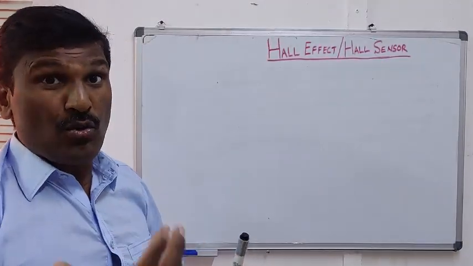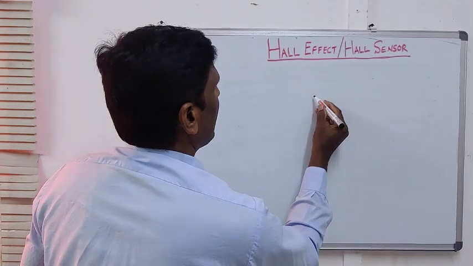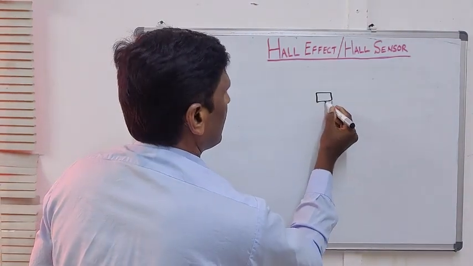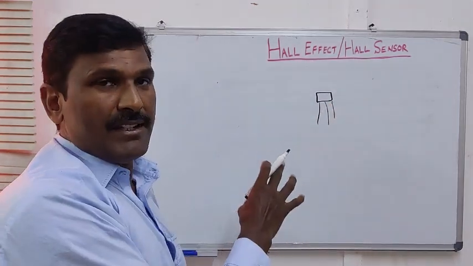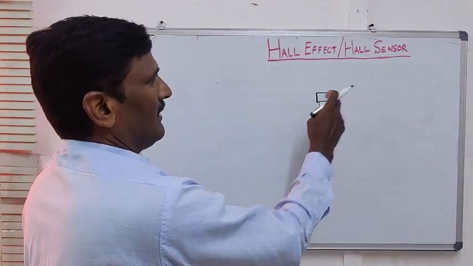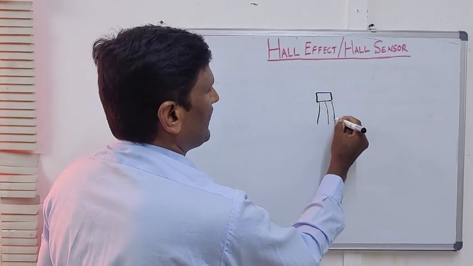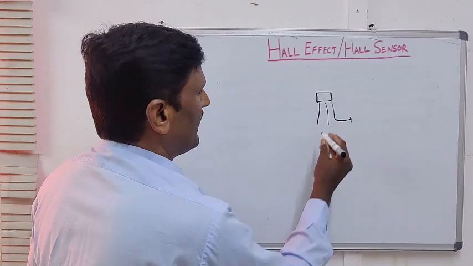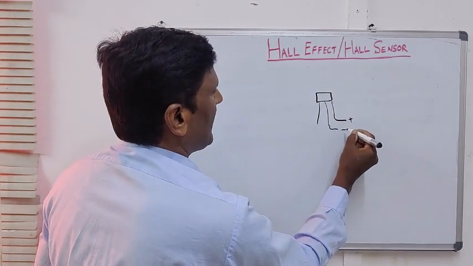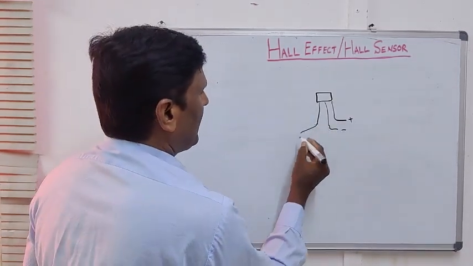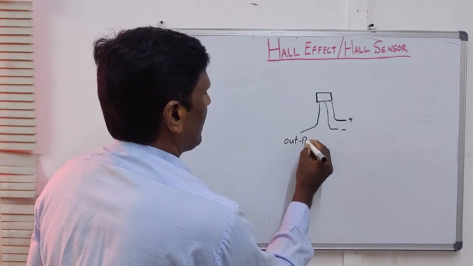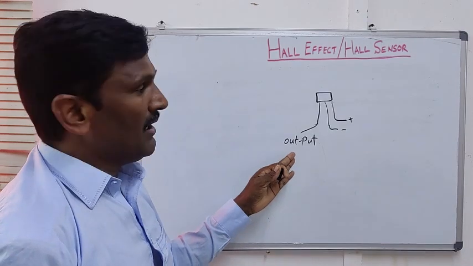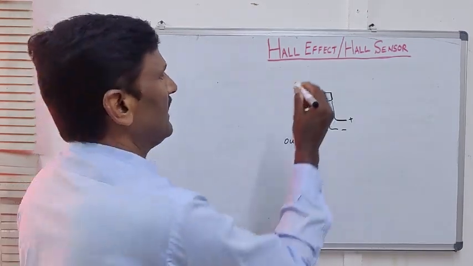So I just give you a little idea. Suppose this one is my Hall sensor. On the first pin we apply the battery positive voltage. On the second pin we apply the battery negative voltage, and on the third pin we get the output voltage, meaning the Hall voltage. So how is the Hall voltage produced?